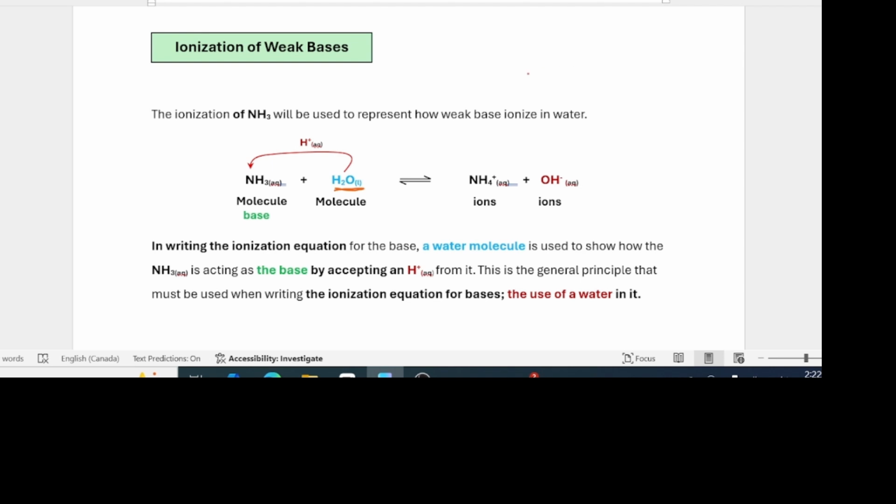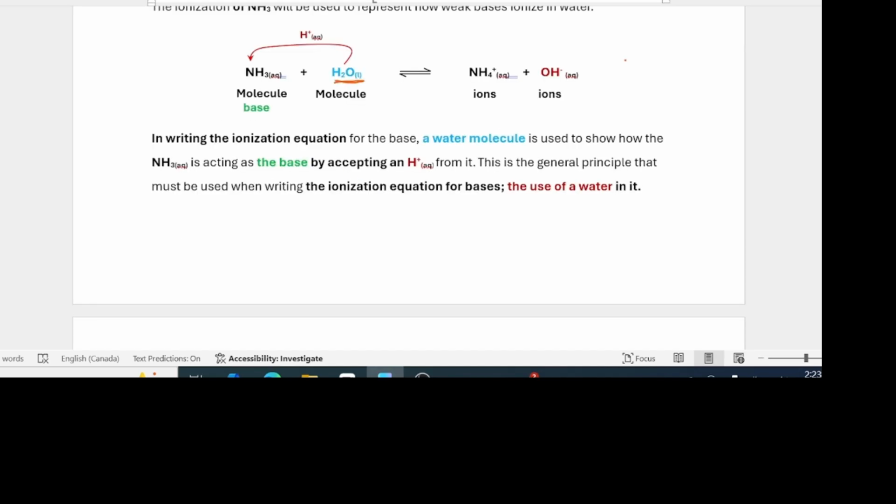Ionization of weak bases. The ionization of ammonia will be used to represent how weak bases ionize in water. I want you to pay attention to a small difference that we make here compared to when we did the ionization equation for acids in water. In this case, we're using a water molecule to show how the ammonia molecule is acting as a base according to the Lowry-Bronsted theory.